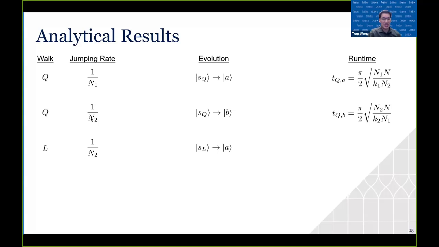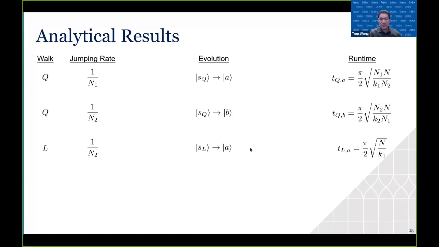And so what we see is that the jumping rate is actually reversed. So with the signless Laplacian, gamma being 1 over n2 evolves to B, whereas with the standard Laplacian, when gamma is 1 over n2, it evolves to A. So that's a difference. And the amount of time it takes is different as well.